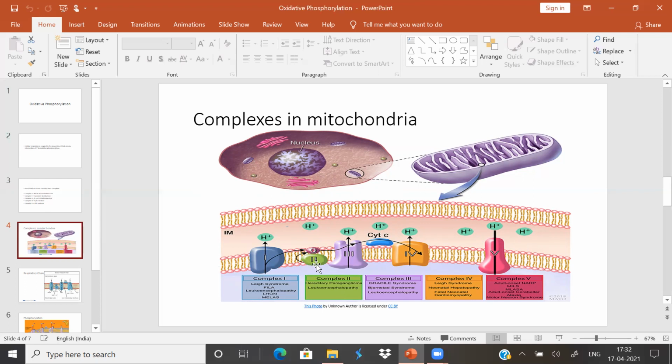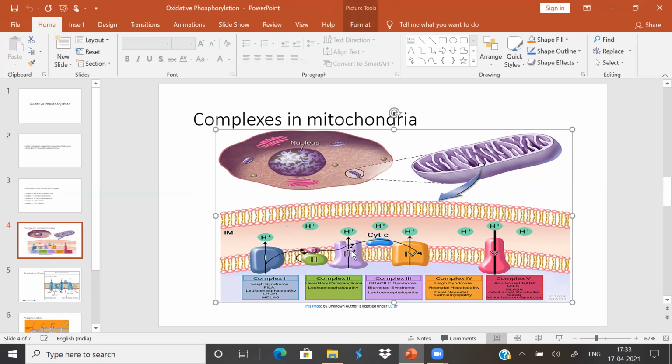We know it is an FAD containing enzyme. So here the coenzyme is FAD and the iron sulfur complex. Complex 3 is cytochrome C oxidoreductase. It contains cytochrome BC1.